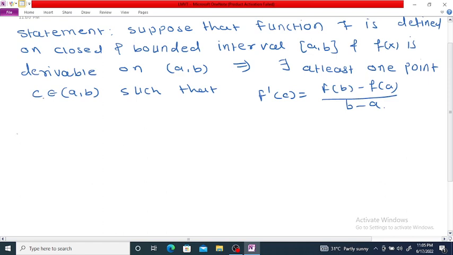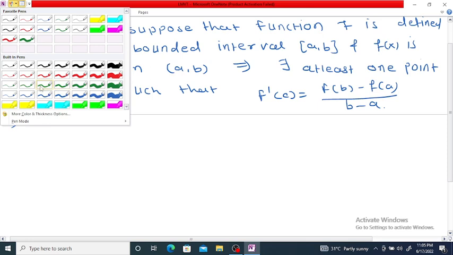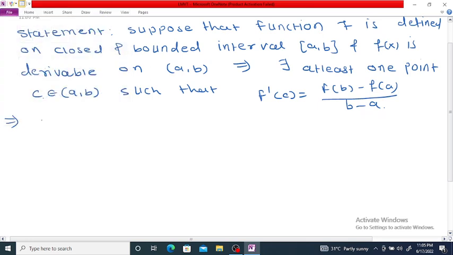Now to prove this, first of all, what is given here? Given: a function f is continuous on the closed interval [a, b].